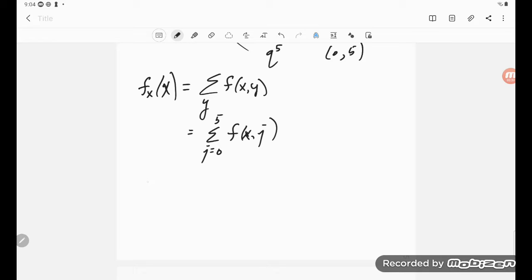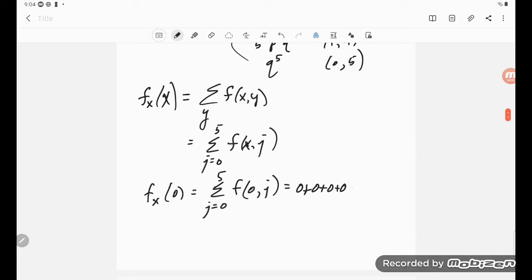For instance, suppose I want f_X of 0, that would be the sum j equals 0 to 5 of f of 0, j, which actually, we get 0 for the first 4. 1, 2, 3, 4, and then we get f(0, 5), which is q to the fifth. And that's right up here. And so this ends up being q to the fifth.